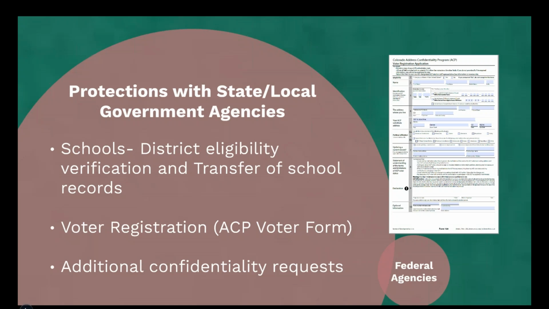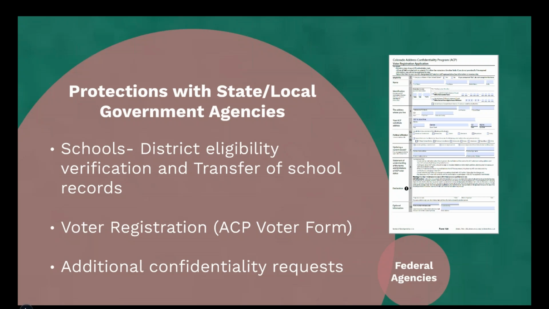For schools, we do offer a few different things to help make the process smoother for people who have children in school, or who are in school themselves, and want to keep that information as protected as possible. If children are getting enrolled into a new school, we can verify district eligibility without disclosing their actual address.